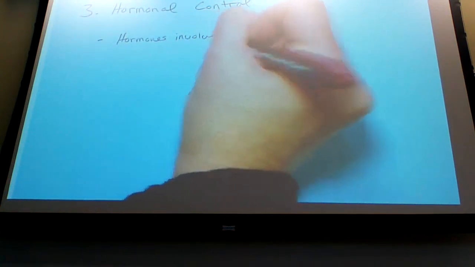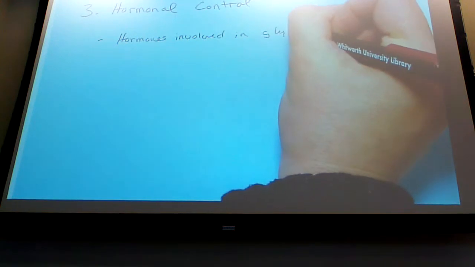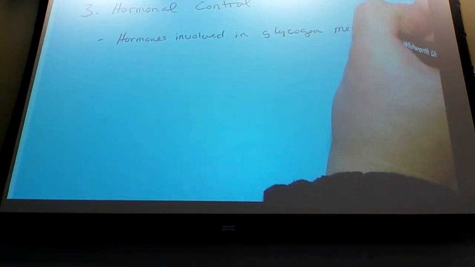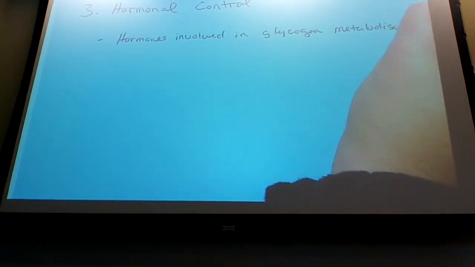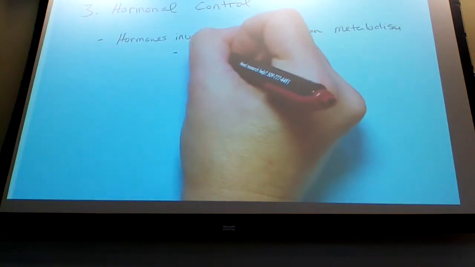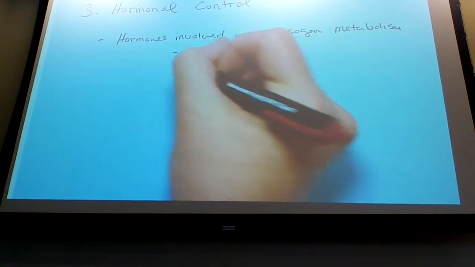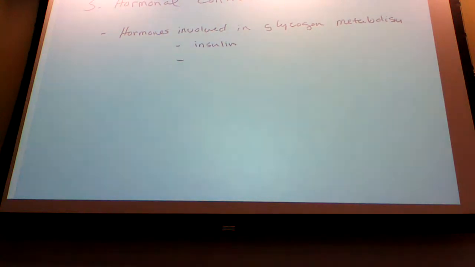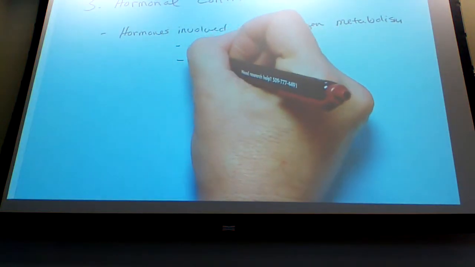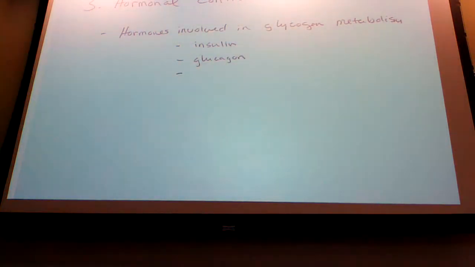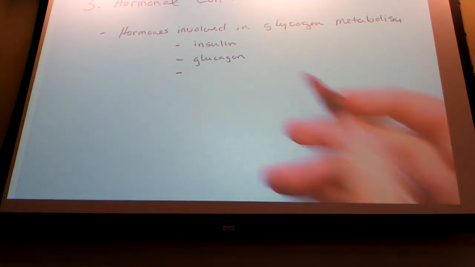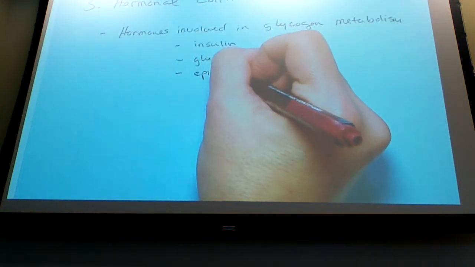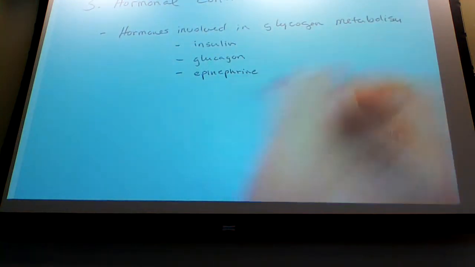Hormones involved in glycogen metabolism. Those include insulin. What was the other peptide hormone? Glucagon. And then there are catecholamines, epinephrine, and norepinephrine, but there's epinephrine.